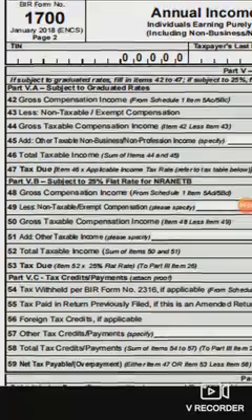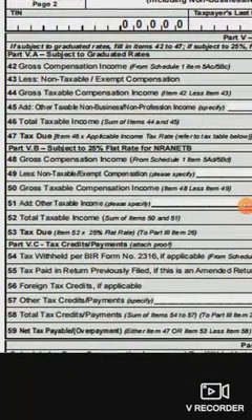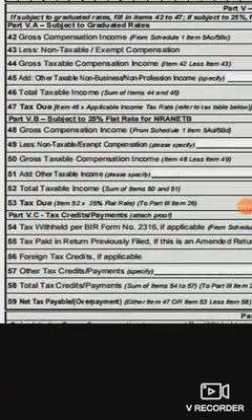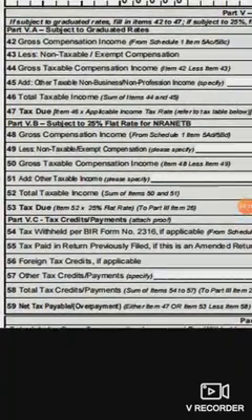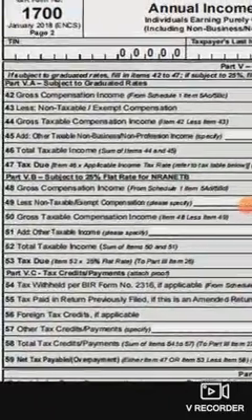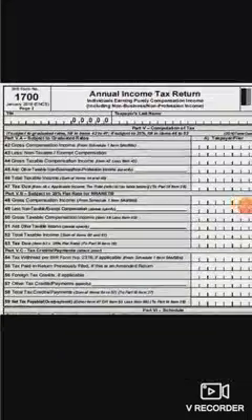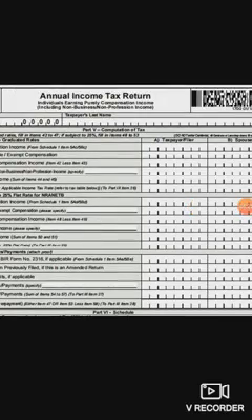We could have part 5A, subject to graduated rates, or we could have the flat rate, creditable tax of 8% directly. So it's a choice of the taxpayer.